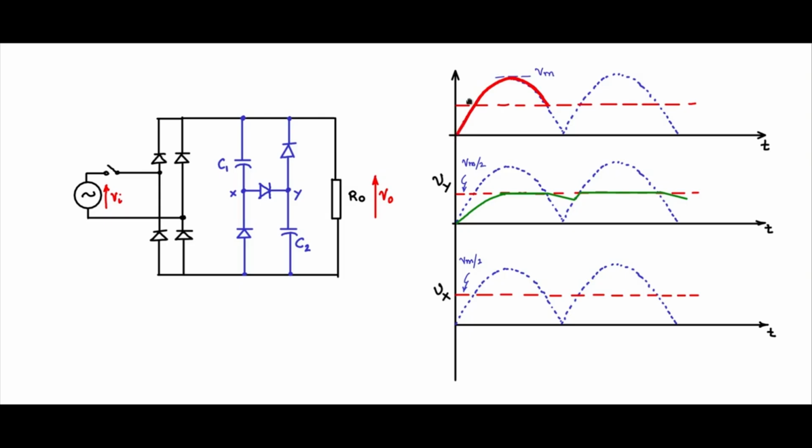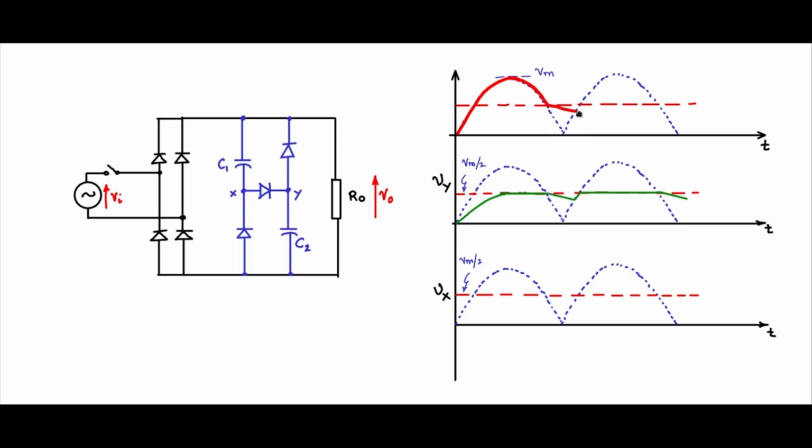Now if you look at the envelope of the output voltage, in the first cycle it goes in this fashion up to the point it crosses over and comes to the Vm by 2 point. It is tracking the input. Now at this point these diodes switch off and the output is just the capacitor voltage which are discharging like this.